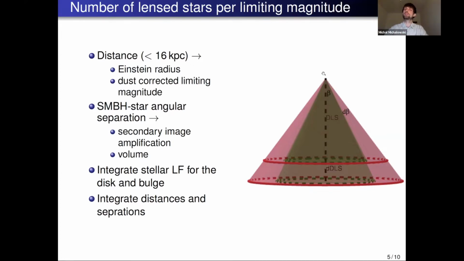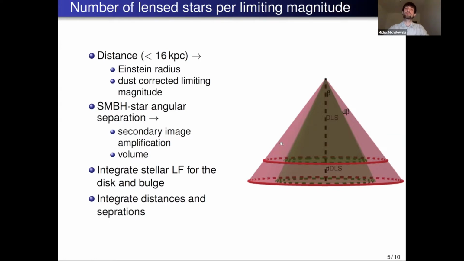So the observer is at the top of the cone. The supermassive black hole is somewhere on the central line here. And now we consider stars which are at a given distance from the observer, and also at a given angular separation from the black hole.